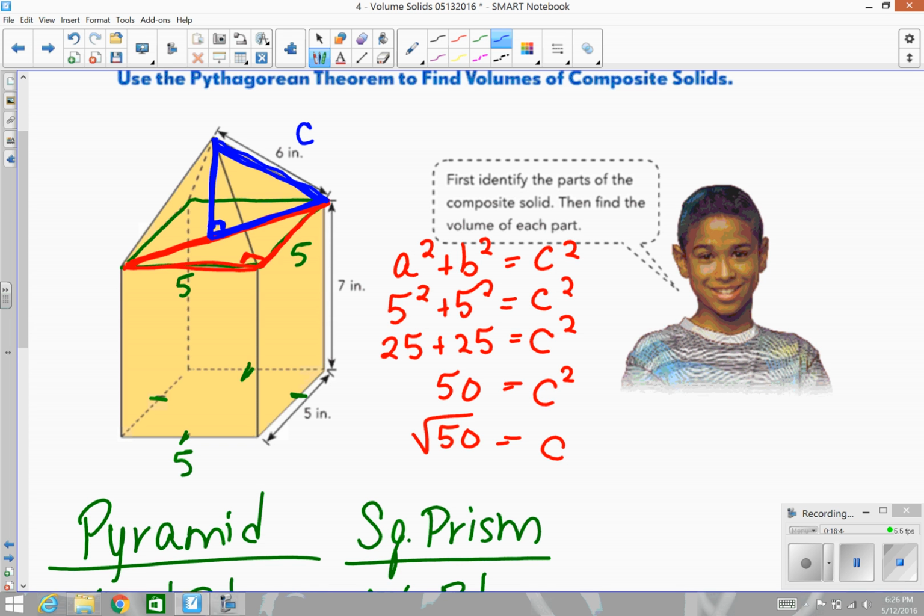Here's your new right angle. This here is half of the diagonal, so it's the square root of 50 divided by 2. Again, it's this cut in half. And what we're looking for is this side here. We'll call it a. That will give us our height.